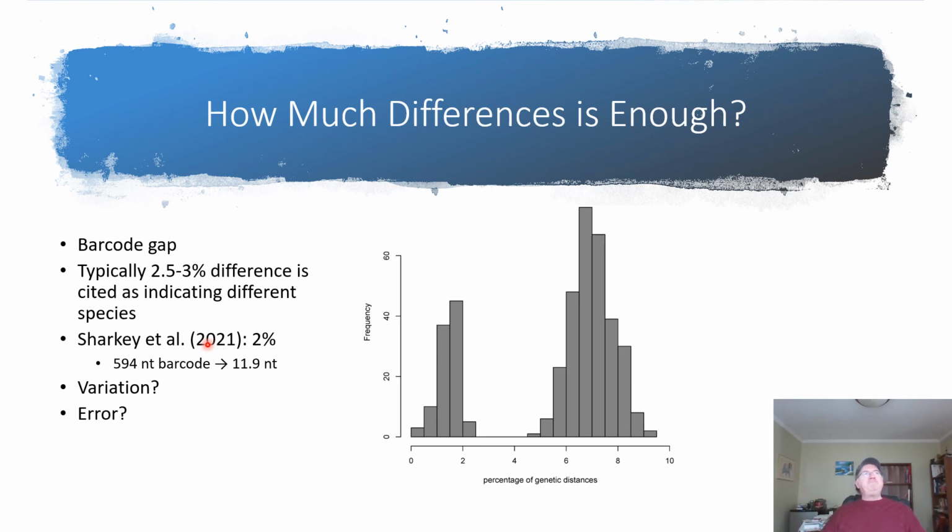As a systematist, I would have to ask myself, first of all, how much variation is there within a species? Is it limited to the 2%? Or perhaps is it more? Secondly, I have to add in variation in the sequencing technology. Perhaps if you're using, as that initial workflow showed, individual PCRs and Sanger sequencing, the error rate you would expect from that is going to be low enough that it's not going to substantially impact numbers at this scale.